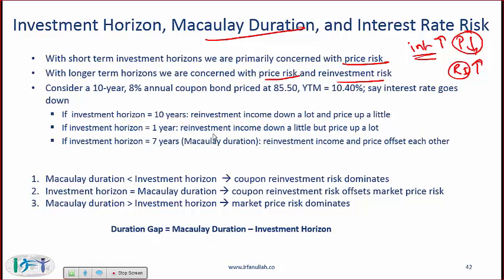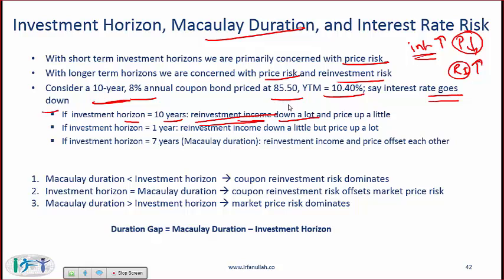So let's answer that question by considering a scenario. You have a 10-year 8% annual coupon bond, you buy it at a discount, you have a certain YTM, and let's say interest rates go down. Now whether you are happy or not depends on your investment horizon. If your investment horizon is 10 years, then interest rates go down, so reinvestment income will come down a lot.